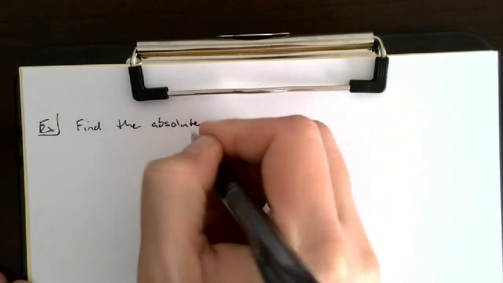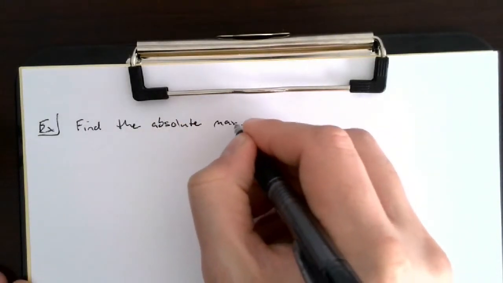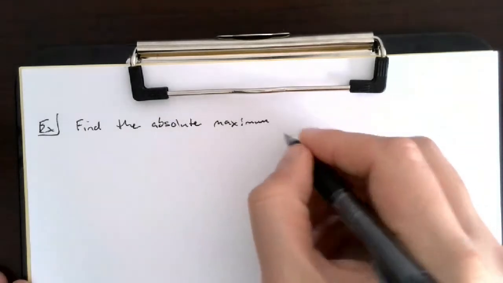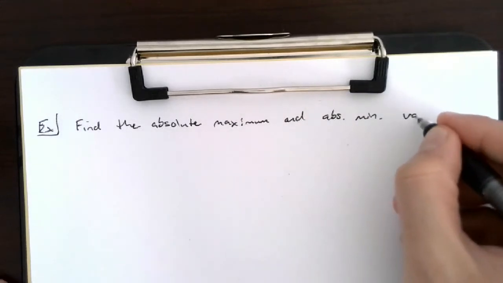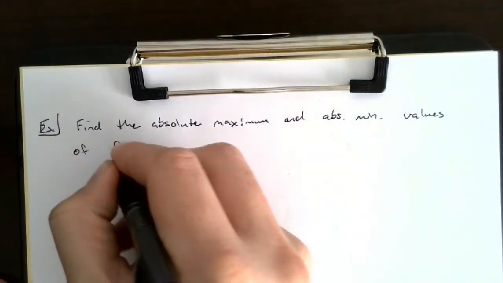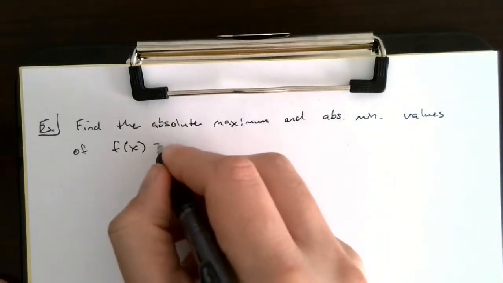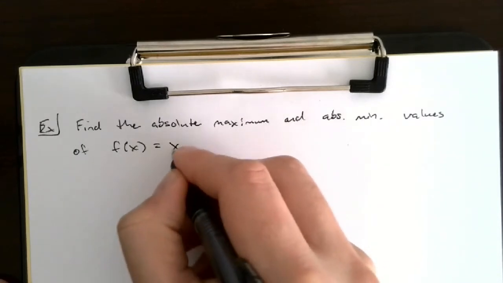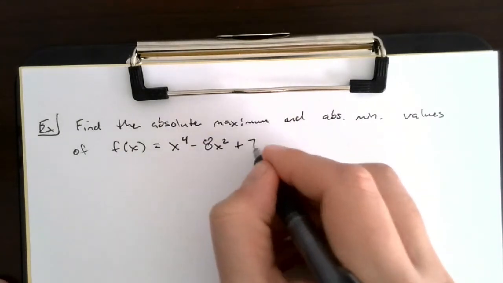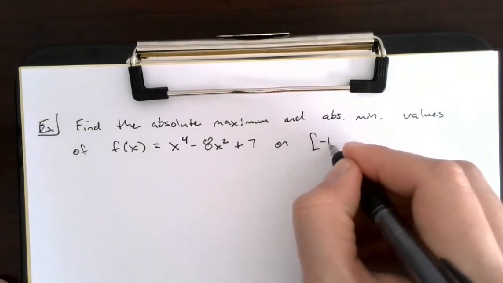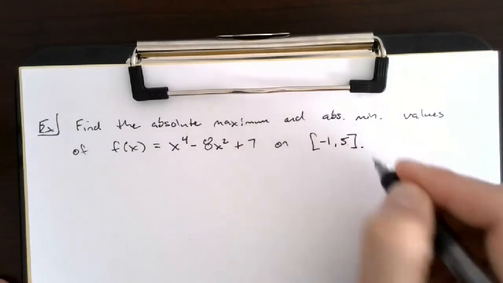So, for example, if I said find the absolute maximum and absolute minimum values of f of x equals x to the fourth power minus 8x squared plus 7 on the interval from -1 to 5.